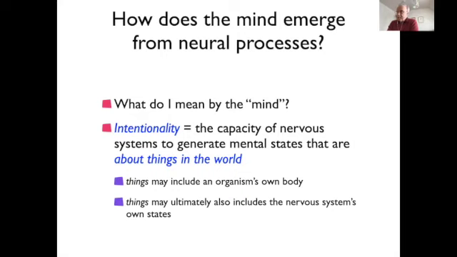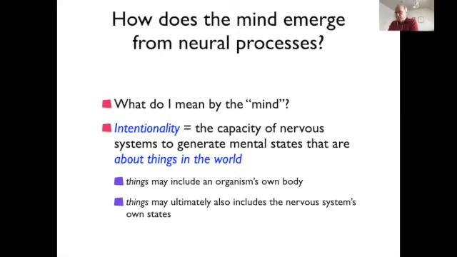So our approach is to use the philosophical concept of intentionality as a way of talking about the mind and saying mental states are intentional states. I have to tell you that the philosophical concept of intention is a little bit more general, or more abstract, than the real daily life concept of intention as a desire, a will, something you intend to do.